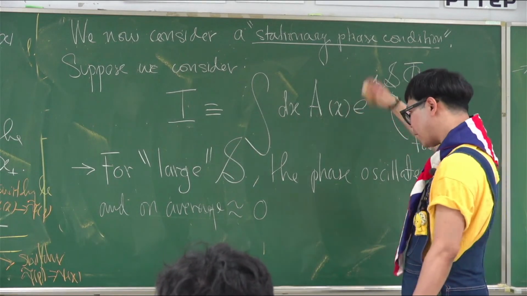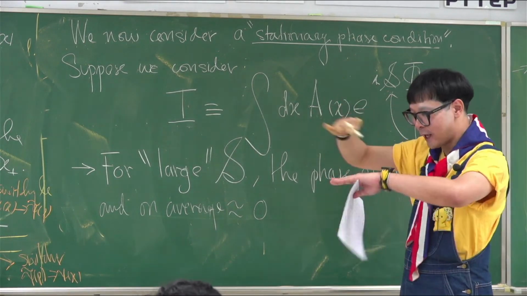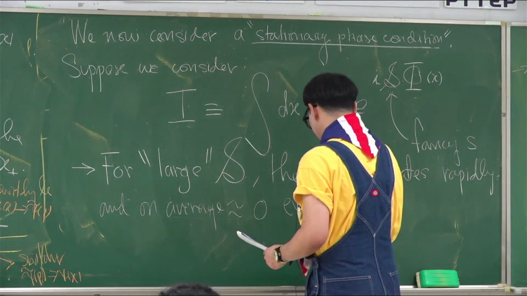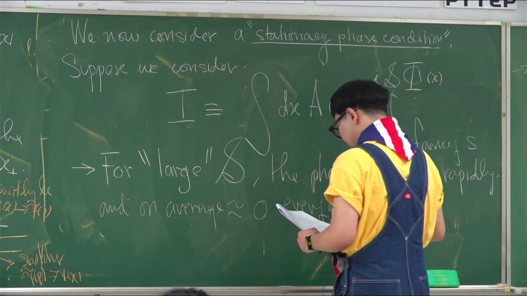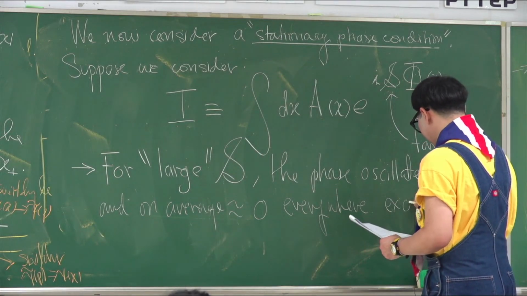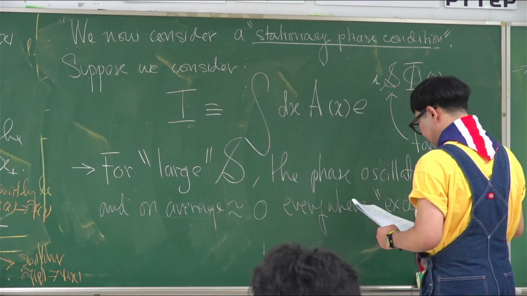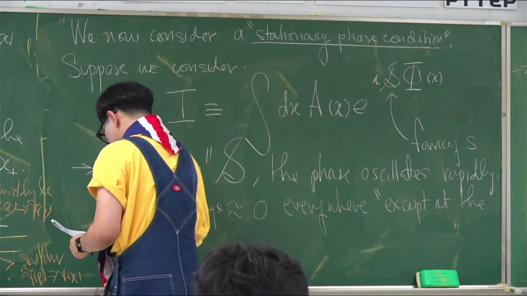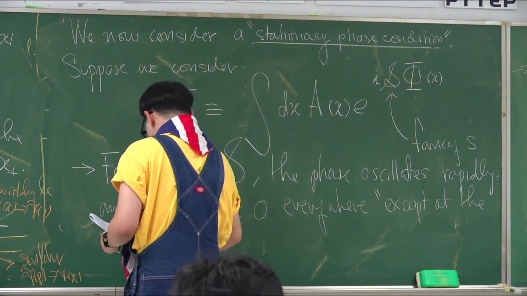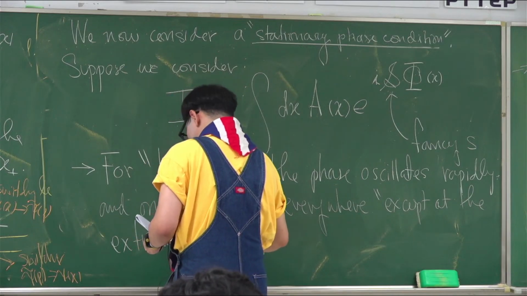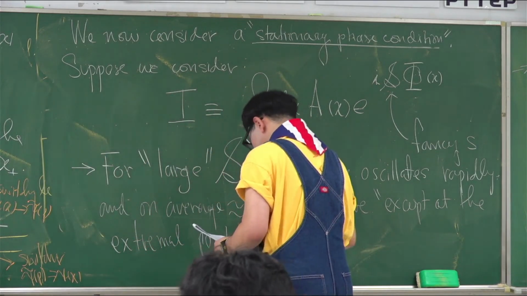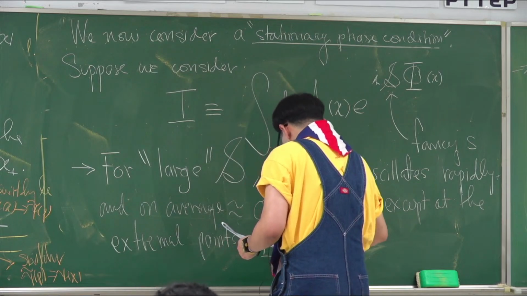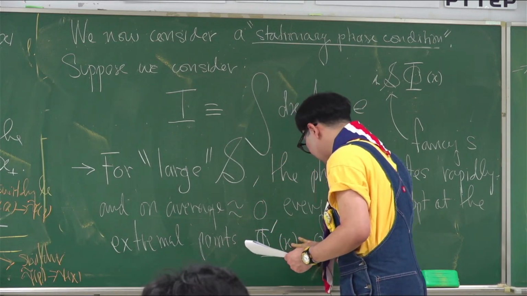Because it oscillates very quickly. Then on average it means that you get nothing everywhere, except at the extremum point, which is confined by using this condition.